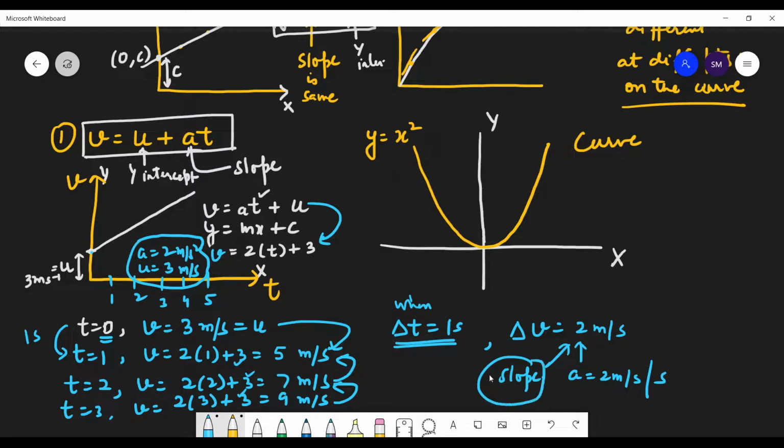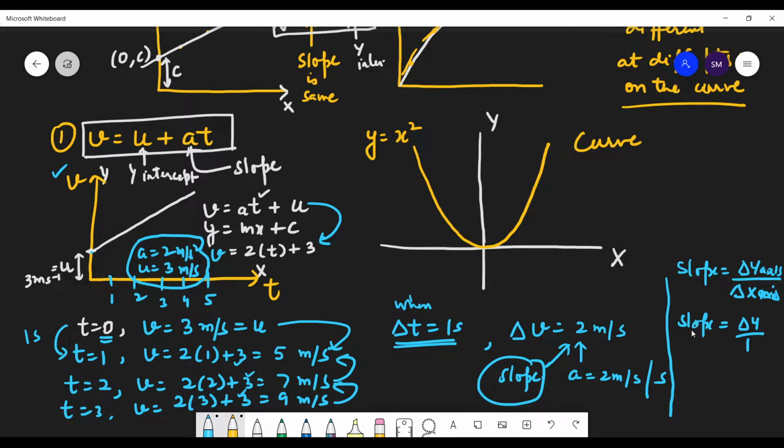So slope is nothing but the change in y-axis when the x-axis changes by 1 unit. Slope is equal to change in y-axis upon change in x-axis. When the change in x-axis is 1 unit, then the slope is nothing but the change in y-axis.